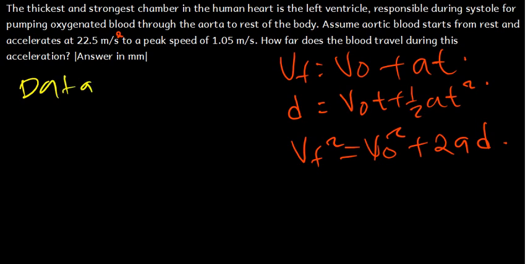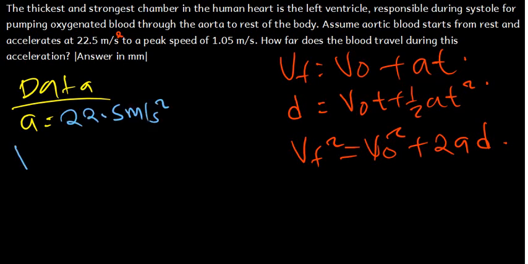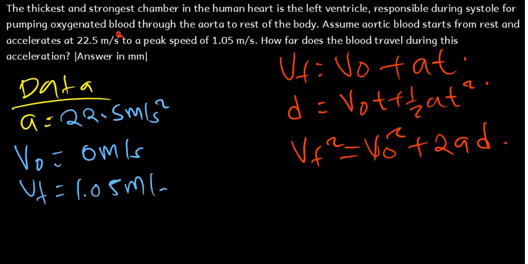From the question, we have been given the acceleration as 22.5 meters per second squared. We have been given the initial velocity. It started from rest, so the initial velocity is 0 meters per second. The final velocity we have been given, a peak of 1.05 meters per second.